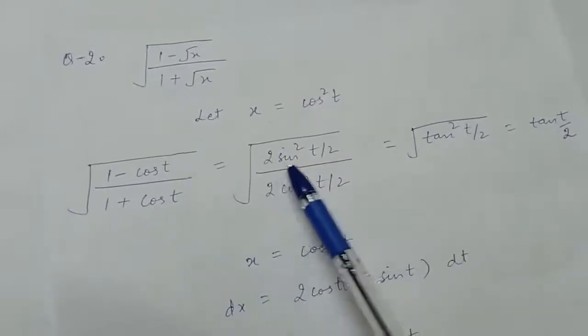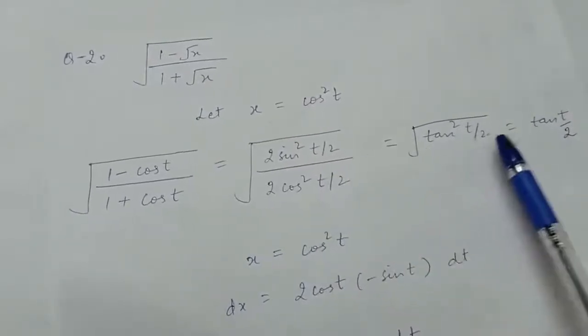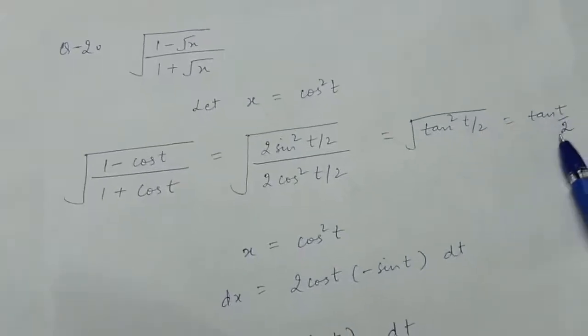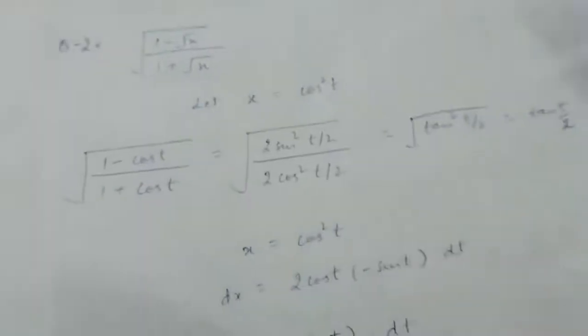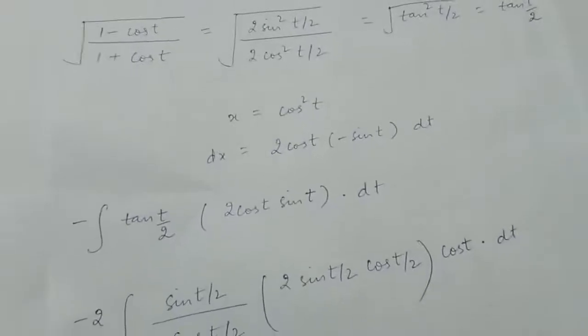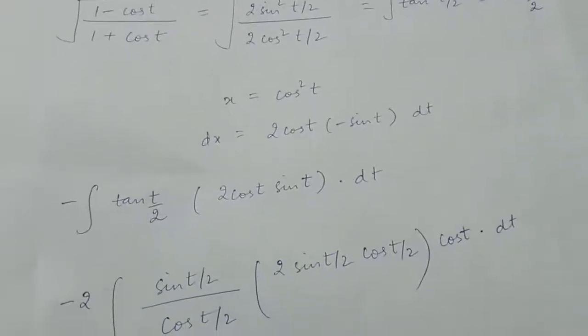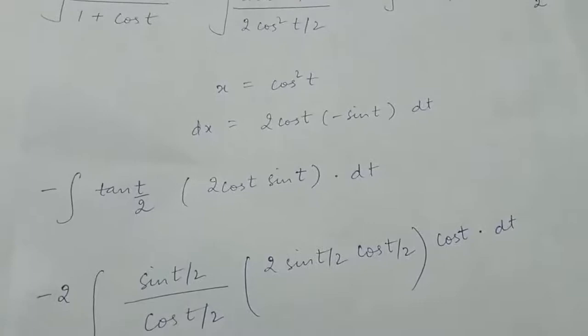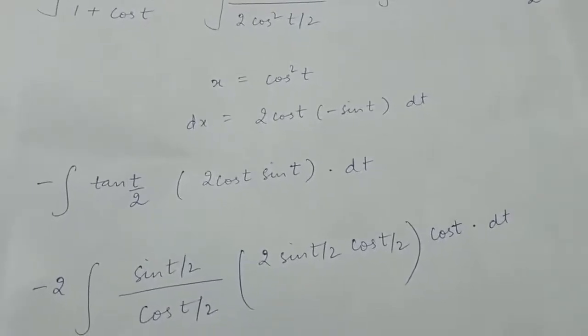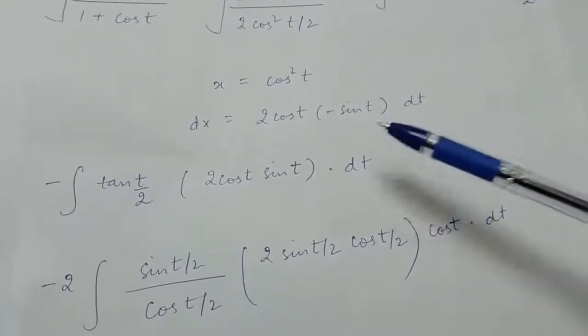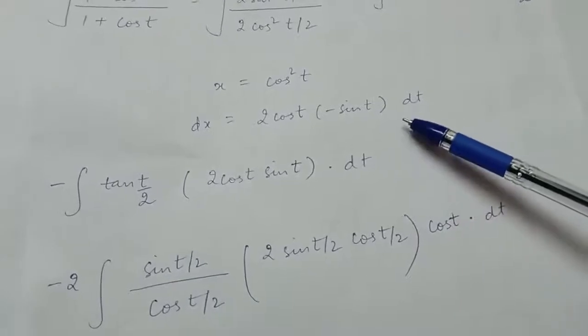Cancel out this 2. This will be root of tan square (t by 2), which can be written as tan (t by 2). Also, we have let x be cos square t. So dx will be, taking the derivative of cos square t, 2 cos t into the derivative of cos t, which is minus sin t, into dt.